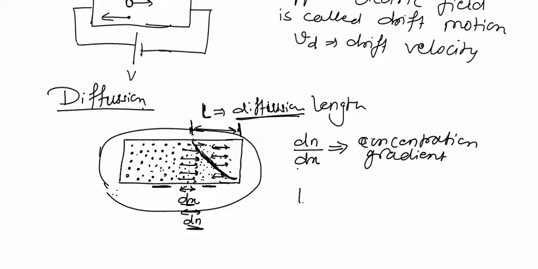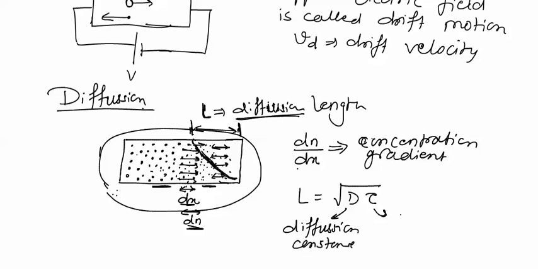This diffusion length is defined as L equal to under root of D into tau, where D is called diffusion constant and tau is called minority carrier lifetime.